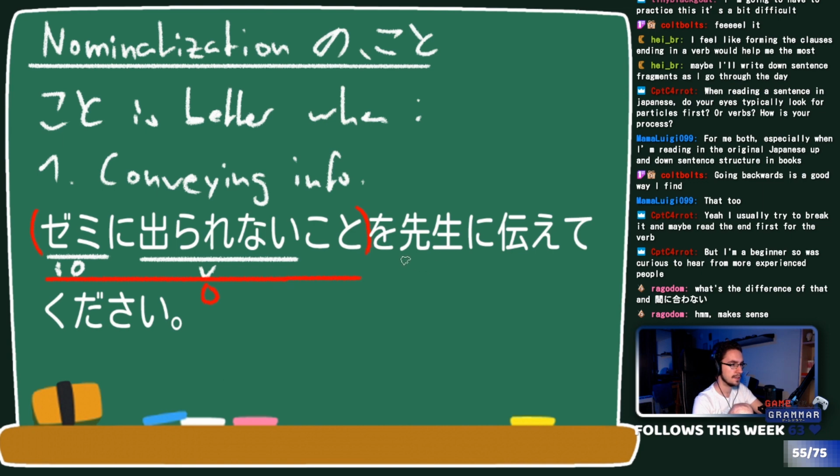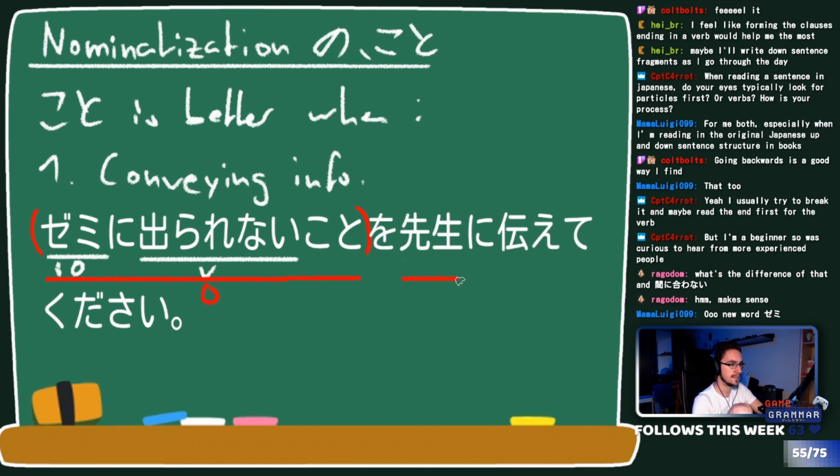And then this here is just, again, I would say sensei here, kind of an indirect object, and tsutaete kudasai is the verb. Okay? Tell the sensei, tell the teacher that I'm not going to be able to make it to the seminar. We use koto because we are conveying information with tsutaeru here. Okay?